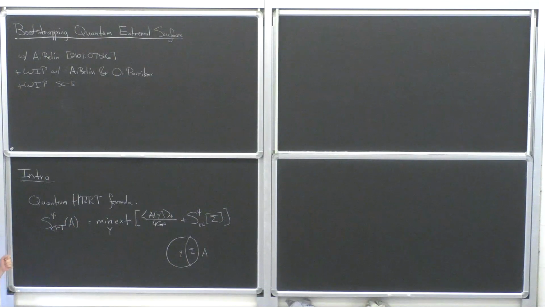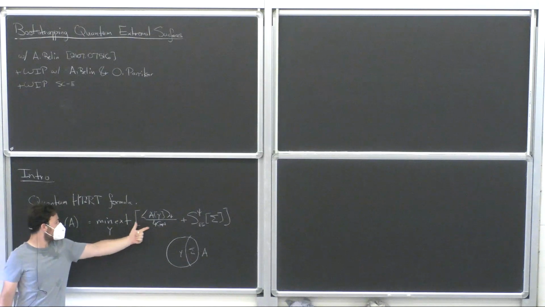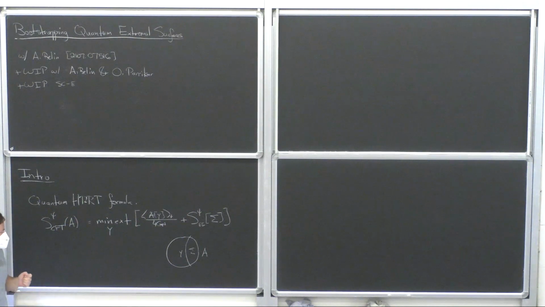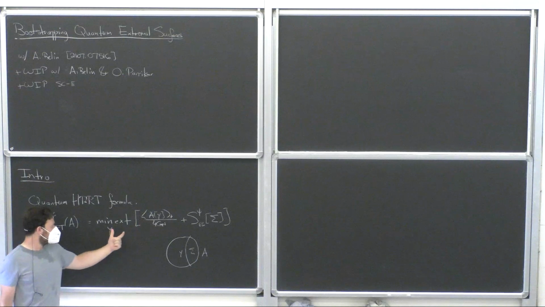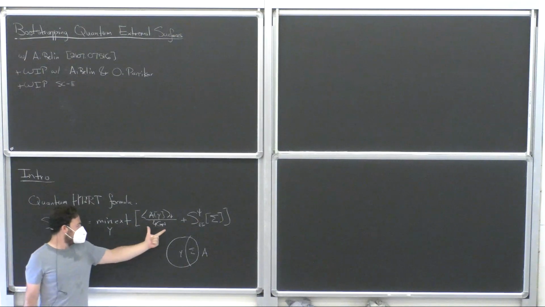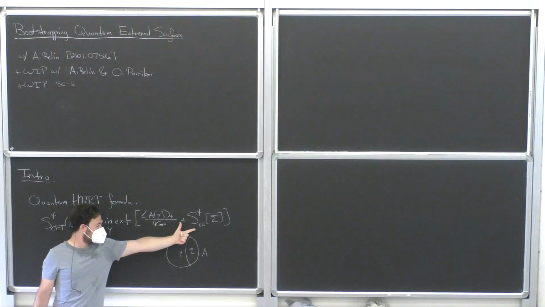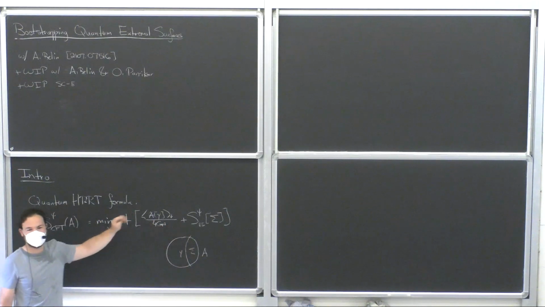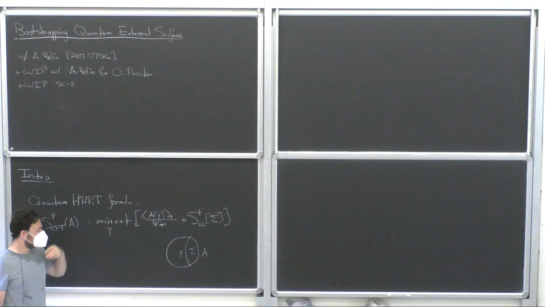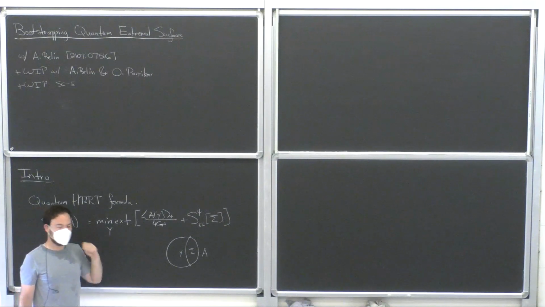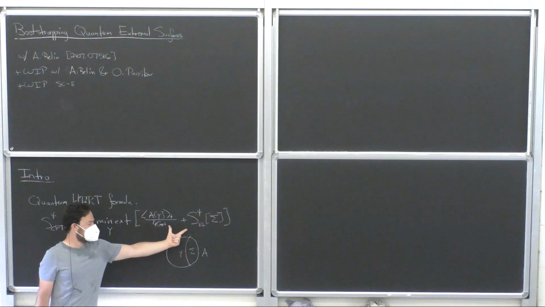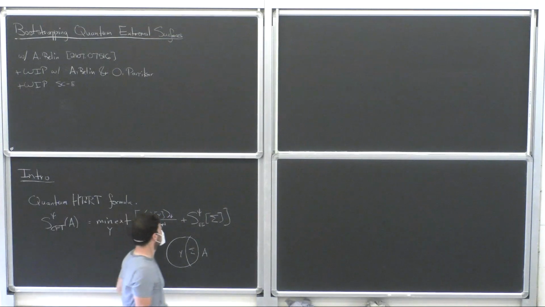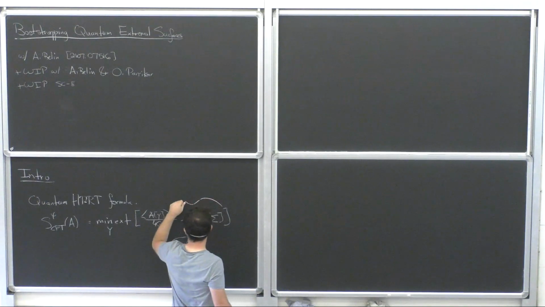At leading order, you just have the area term, that's the HRT formula. At first subleading order, you don't have to re-extremize, you just have the area of the classical extremal surface plus entanglement of bulk fields in this region sigma, that's the Faulkner-Lewkowycz-Maldacena formula. But at subleading order in 1 over N, it becomes non-trivial, and the proposal is that now you need to extremize this sum. So this sum is the generalized entropy.